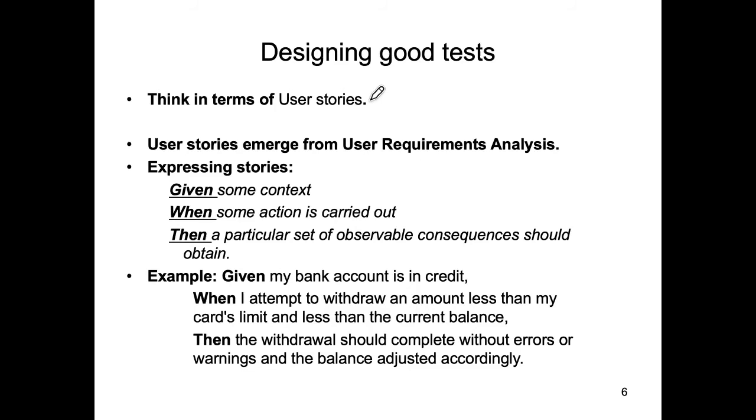There is a pattern or a format for writing good user stories, and it's this given, when, then pattern. So the suggestion is that your user requirements spec should have lots of user stories documented in it, and these user stories should be expressed following this approach here. Don't know if you've come across that before or not, but there you go.